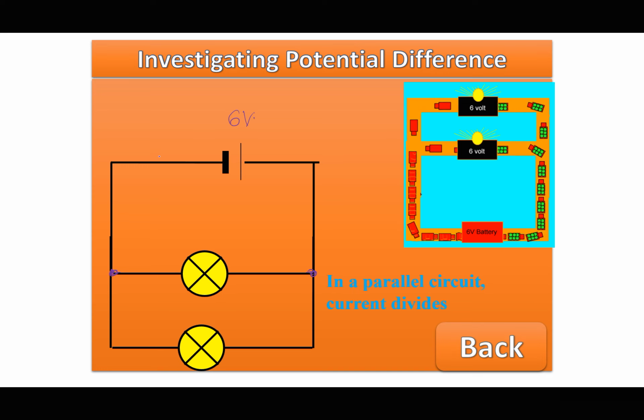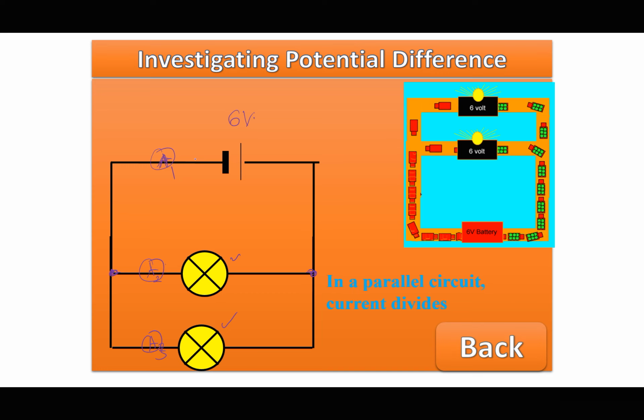So you're going to notice that in parallel, if I put an ammeter anywhere, let's say this is an ammeter, the ammeter here, called A1, will not read the same values as the ammeters A2 and A3. If these bulbs are identical, A2 and A3 may read the same value, but the sum of these may equal the reading of ammeter A1.